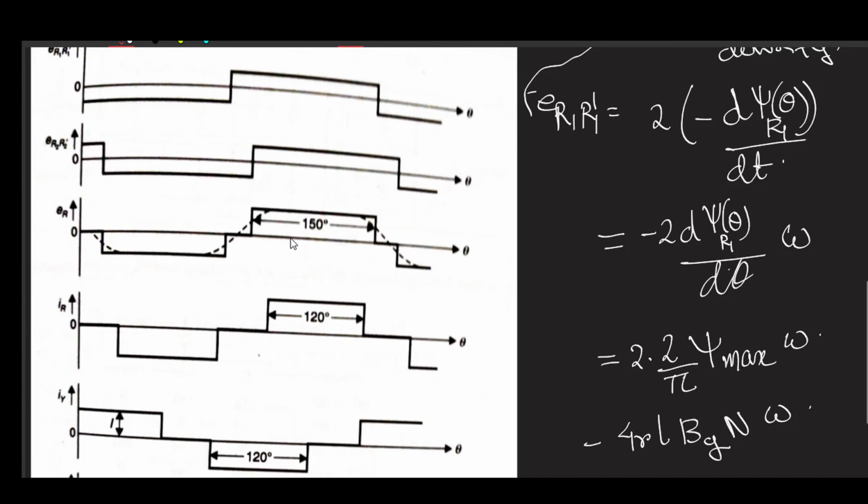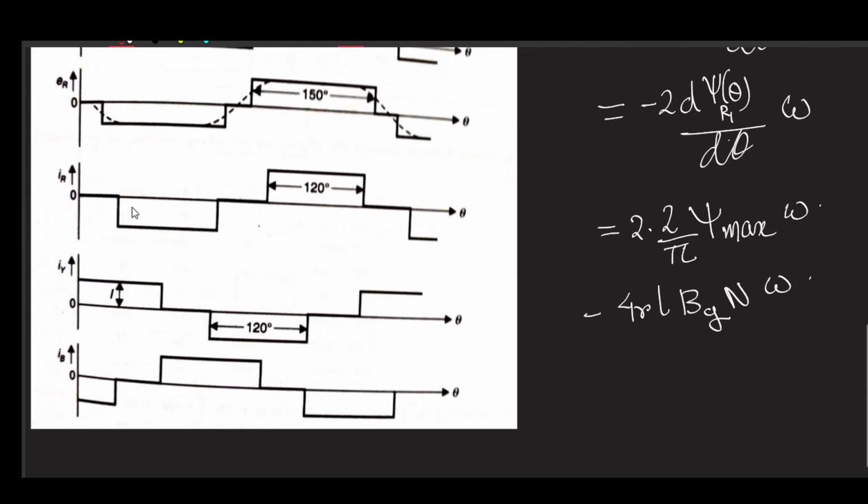Now what about IR? IR is high for 120 degree. Similarly IY is another 120 degree and IB is another 120 degree.